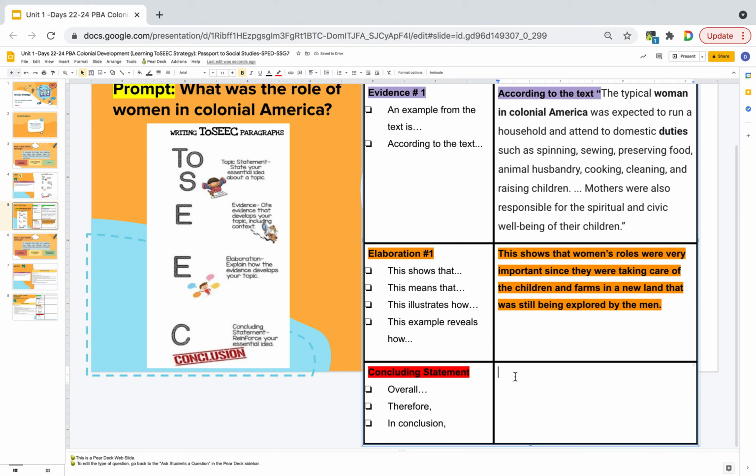Finally, I want to restate my topic statement or my essential idea about the topic. Overall, the role of women was just as important to the everyday lives of colonial Americans as the role of men.